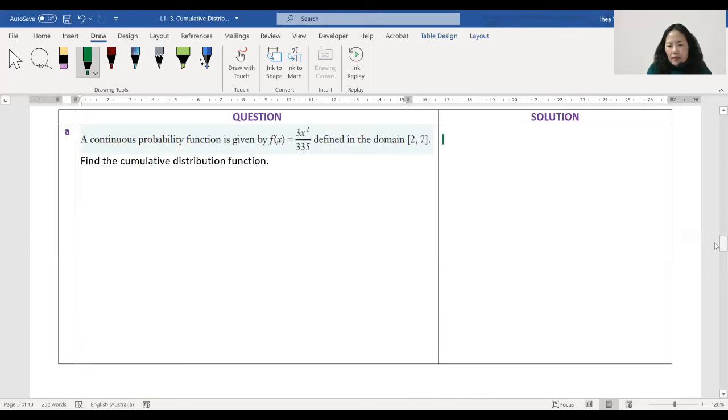So basically they're asking you to find a general formula. F of x, because it's general, I'm going from the beginning starting point to x, because we don't know. And then 3x squared over 335 dx. Okay, that's what it is. And of course, I'm going to take the constant out.